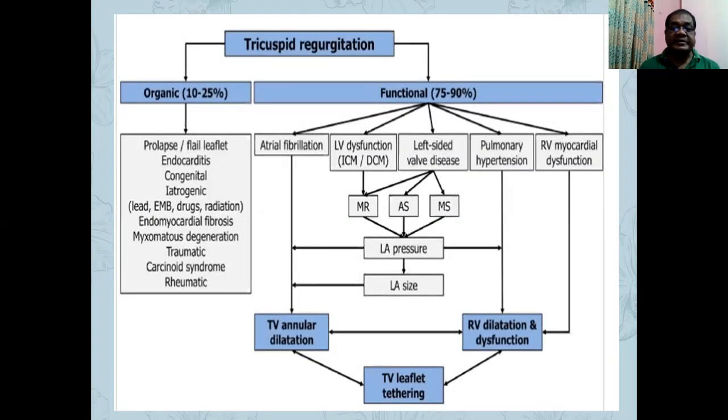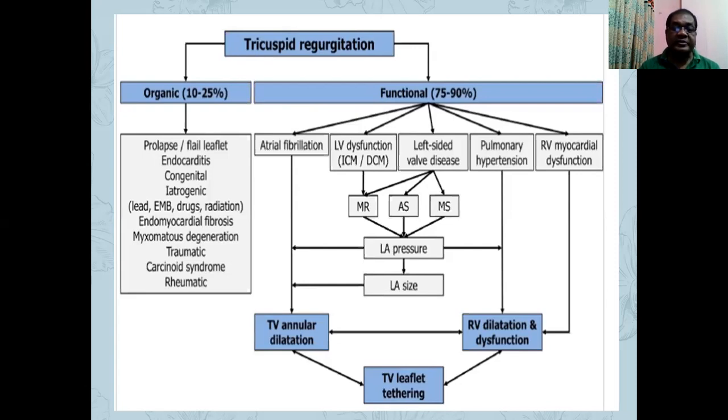So tricuspid regurgitation in the majority of cases, about 75 to 90%, is due to a functional cause, and in 10 to 25% of cases it is due to an organic cause. The organic causes are prolapse or flail leaflet, endocarditis, congenital or iatrogenic causes, such as a pacemaker lead passing through the tricuspid valve.